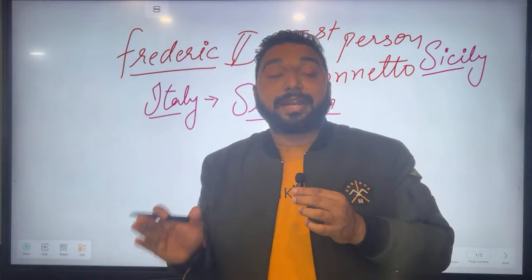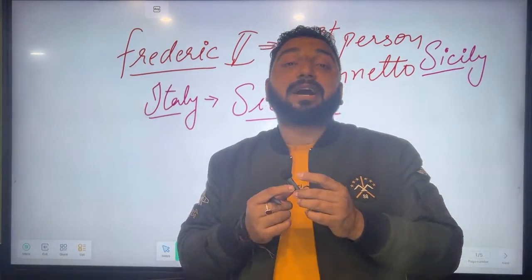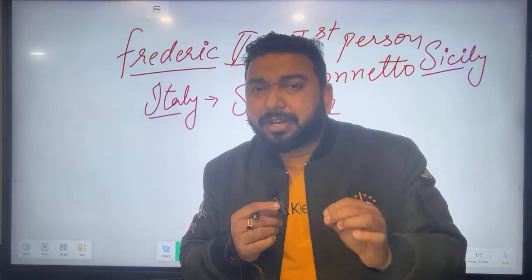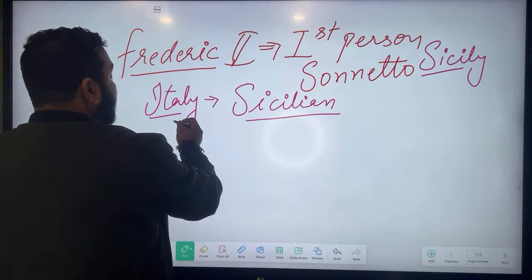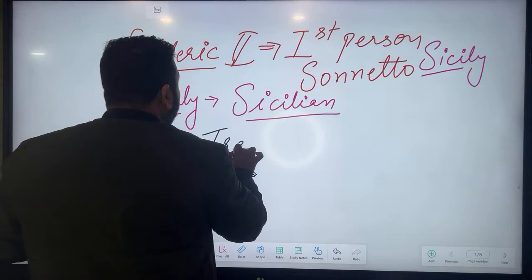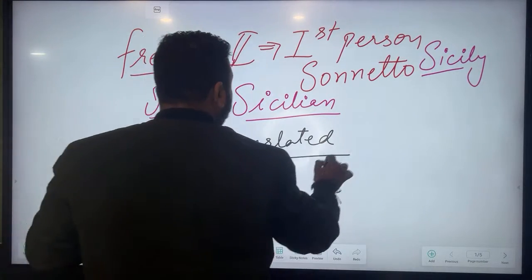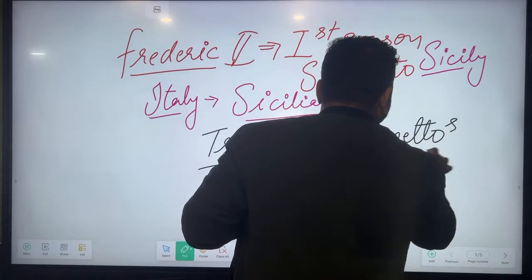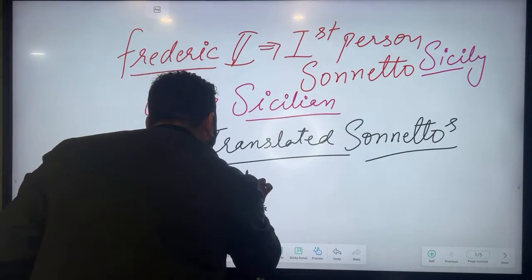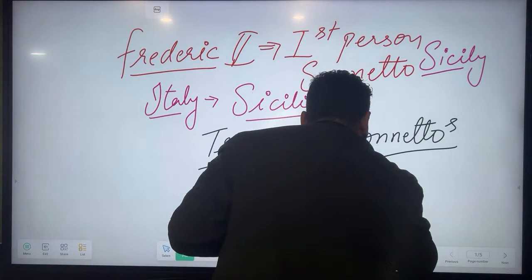So we know that yes, it comes from Sicily, it comes from Italy, but again, the only proof we have is the translated sonnet. So how do we know that it is Sicilian and it is Italian? The translated version of the sonetos from Sicilian to the Tuscan language.